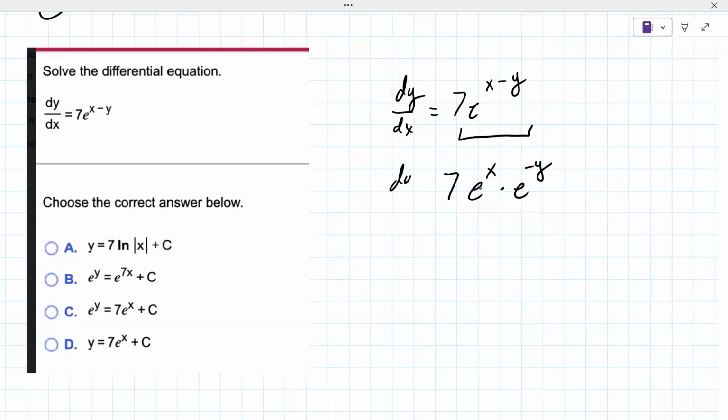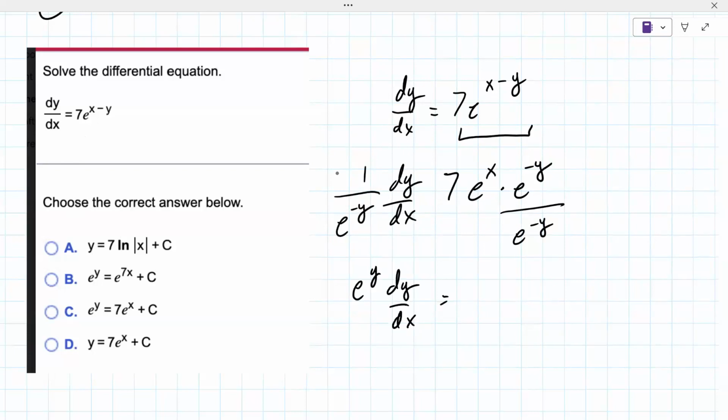What that does is it allows you to get rid of the y, get it to the other side. Now when it's a negative on the bottom, it comes up top. So this becomes e to the y dy dx equals 7e to the x.